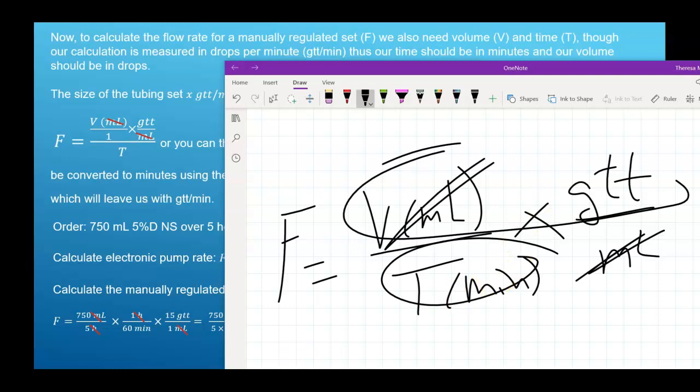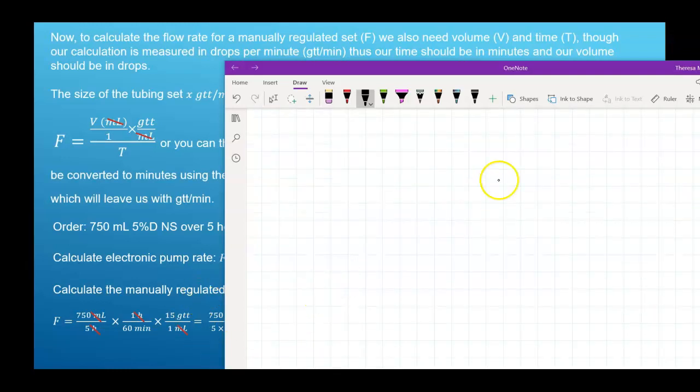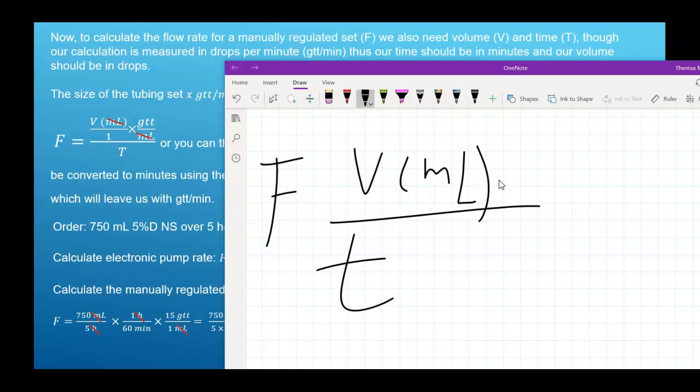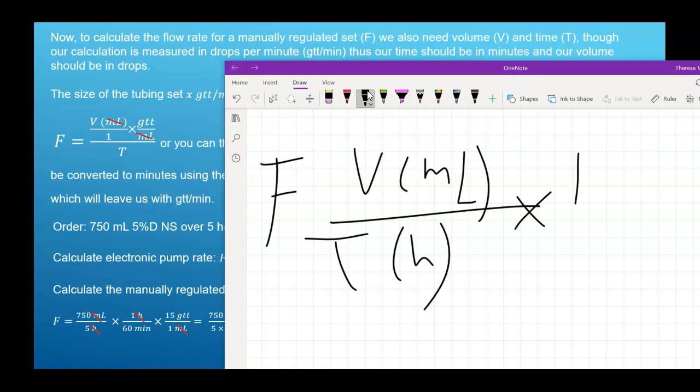And again, if your time is not in minutes, if it's in hours, volume in milliliters, time, I should use capital T for time, in hours. Well, we can convert hours to minutes, right? 1 hour is 60 minutes.